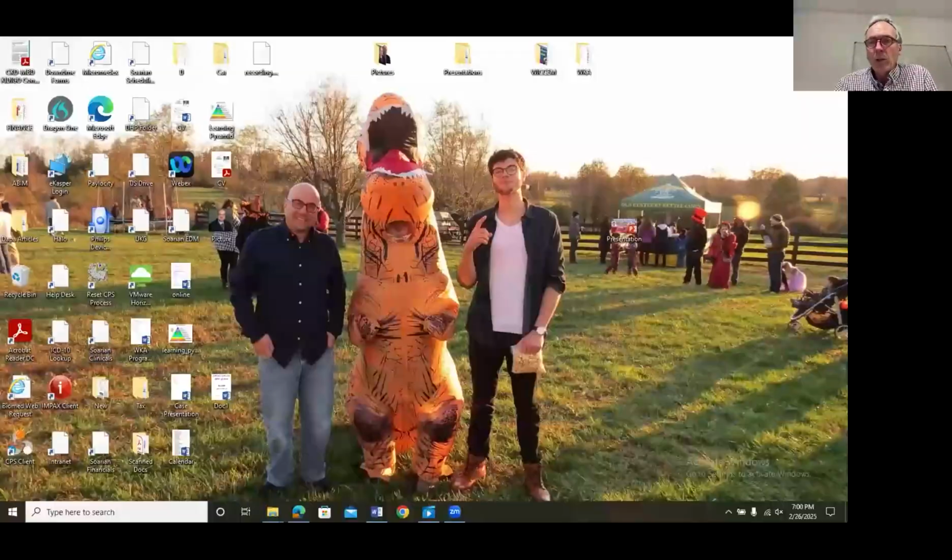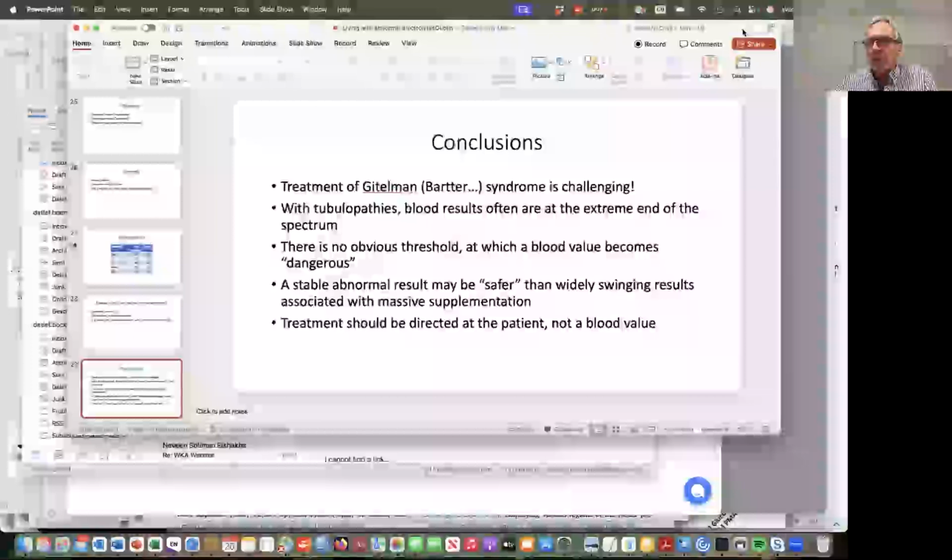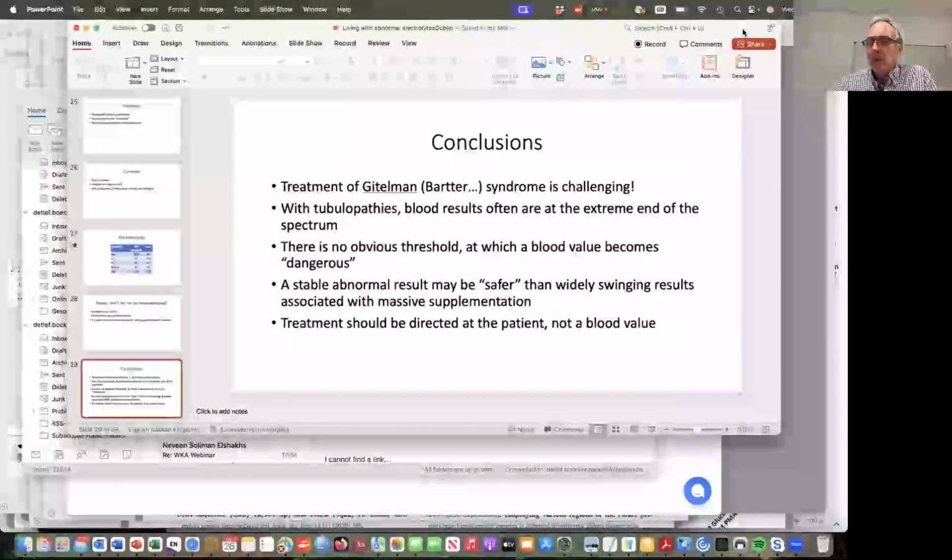I remember one patient with Bartter 3 who had very severe electrolyte abnormalities, potassium in the 1.2, 1.5 range, and who had true growth problems. He just did not grow. I sent him to the endocrinologist to assess him for growth hormone deficiency, and they indeed found a growth hormone deficiency.